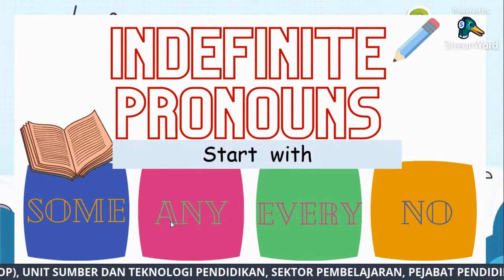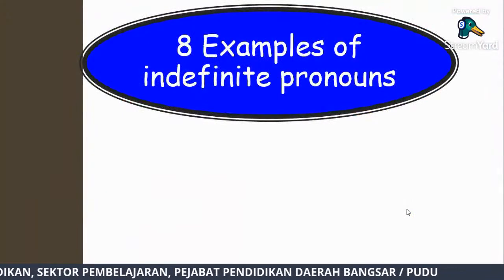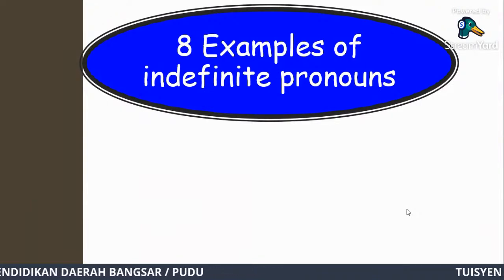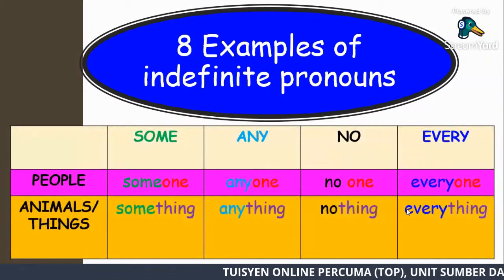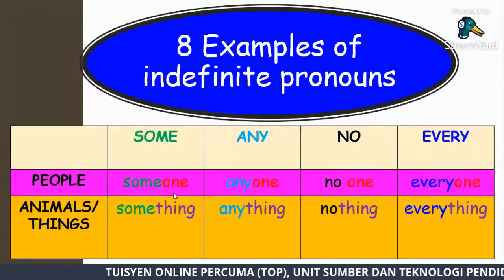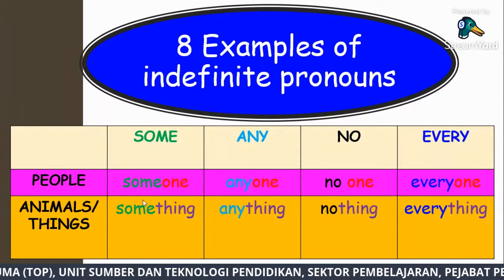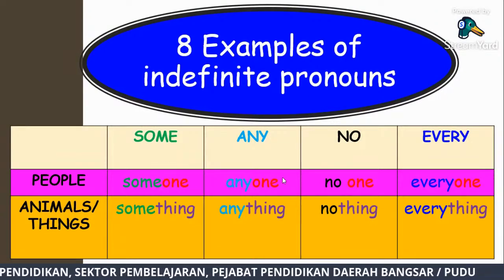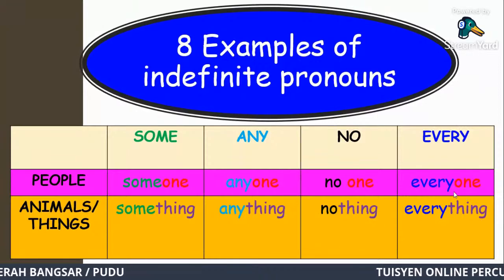Some, any, every, and no. And you have to know that these 8 examples of indefinite pronouns have an ending of "one" or an ending of "thing," as I told you, and you can simplify this in a table. These 8 examples are someone, anyone, no one, everyone, something, anything, nothing, and everything.